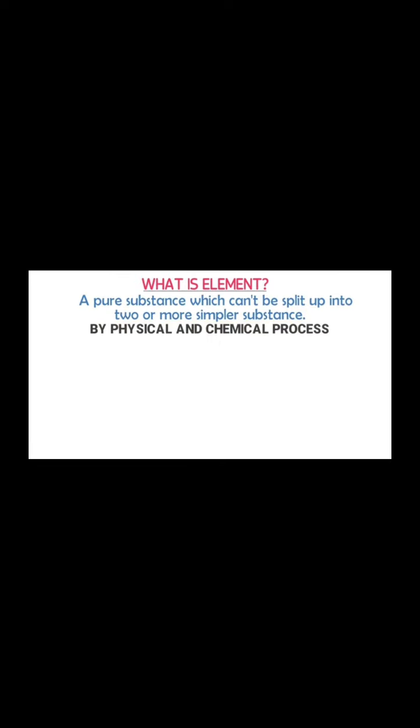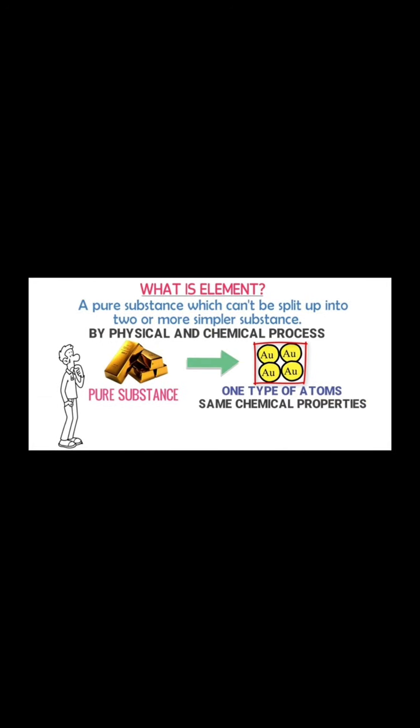What is an element? An element is a pure substance which cannot be split up into simpler substances by physical or chemical process. For instance, if you cut a piece of gold into tiny pieces, you will get only smaller particles of gold.